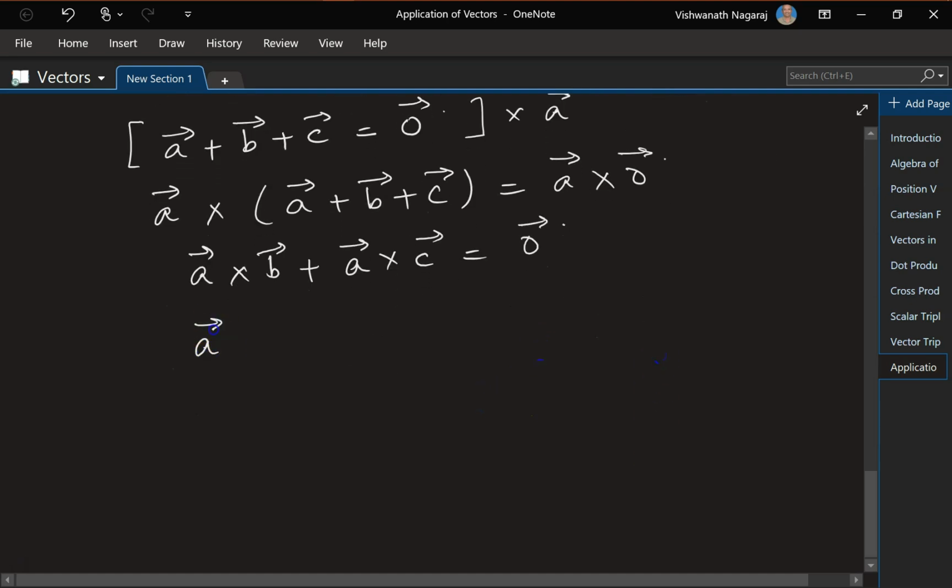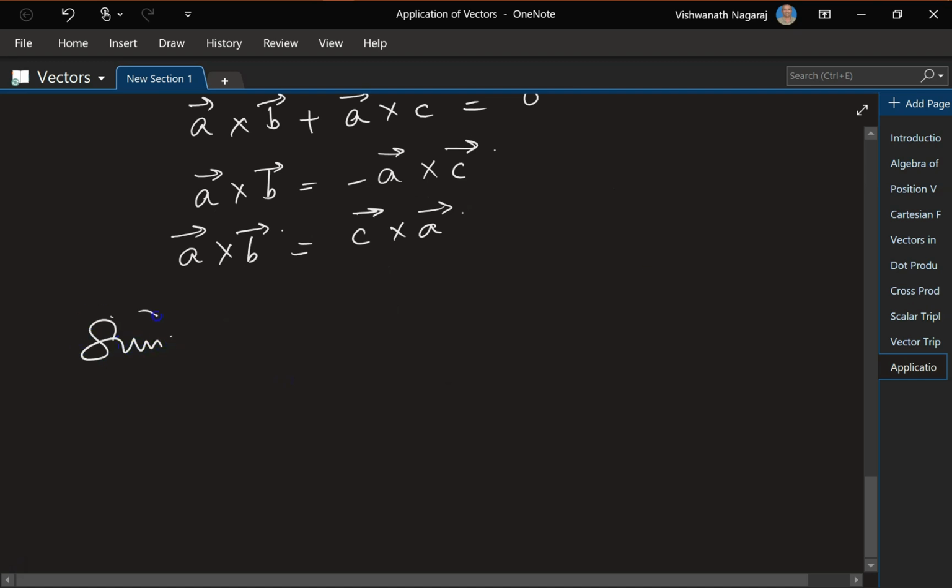Now A cross B is equal to minus A cross C. Since it is not commutative, if we change the order, the negative sign goes off. So this becomes C cross A. A cross B equal to C cross A. Okay.